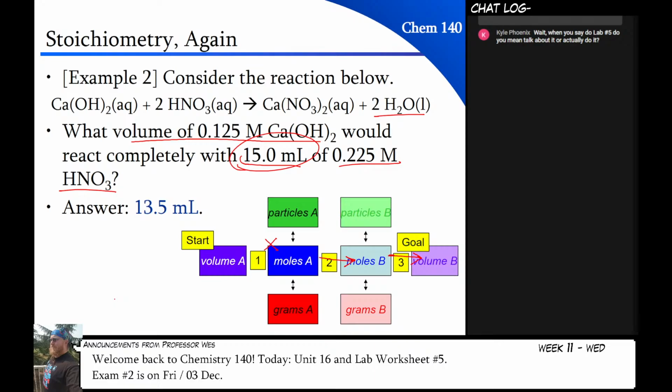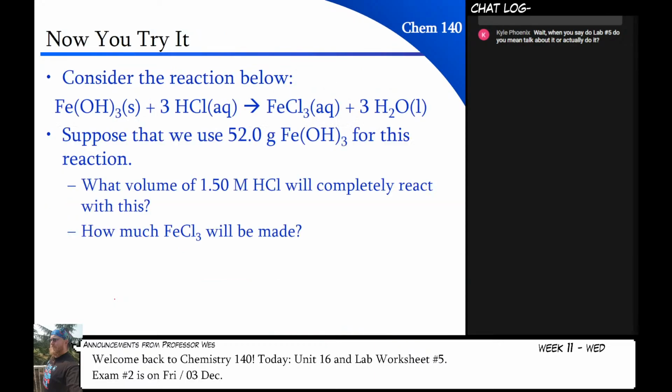All right, I do have one more problem on here. Actually, I think it's 2 problems here. So, using this balanced equation, what I want you to do is tell me what volume of 1.50 molar HCl will completely react with 52 grams of the solid iron 3 hydroxide.